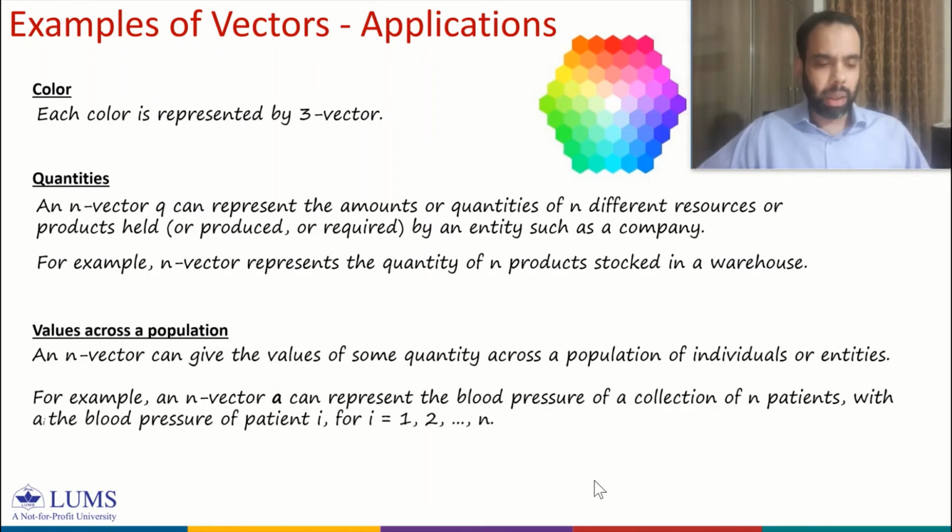For example, an n-vector a can represent the blood pressure of a collection of n patients, with each entry ai denoting the blood pressure of the ith patient, and we have n such patients. So the values across a population can be stacked in a vector as well.